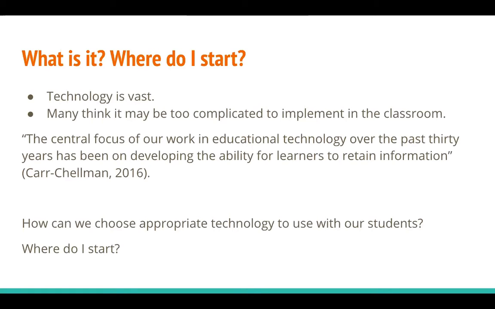We want to incorporate technology as a way for our learners to use it, manipulate it, and gain information from it in a way where they can use it in their everyday life when they go out into the world, when they go out to get a job. We want them to be able to learn with that technology as it's changing so incredibly much. So how can we choose appropriate technology for our students?